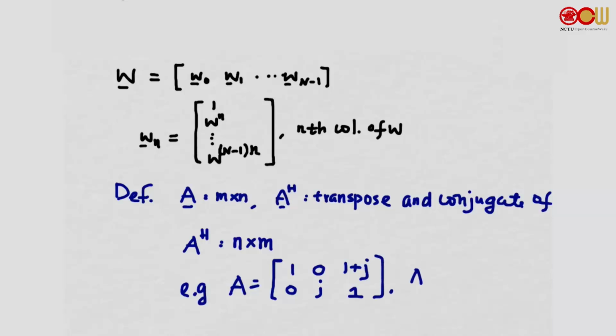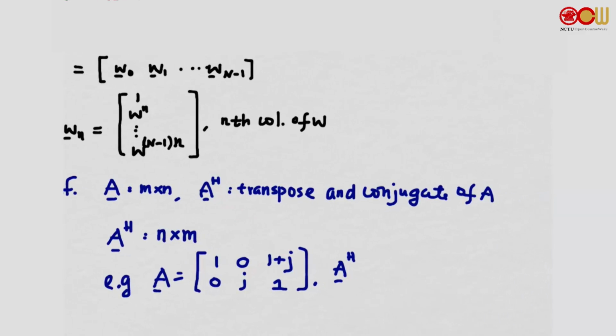Then A Hermitian would be a 3 by 2 matrix, and the first column would be 1, and then 0, and 1 minus j, which is the conjugate of this one. And the second column would correspond to the second row of A: 0, minus j, and then 1. So that's transpose and conjugate.